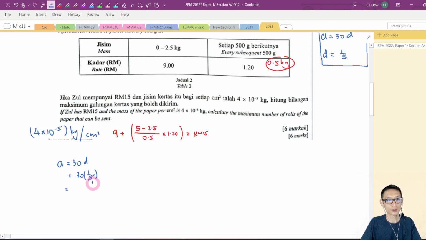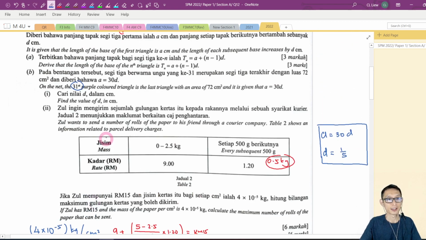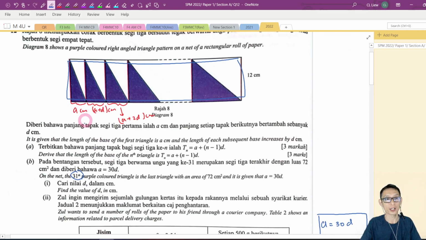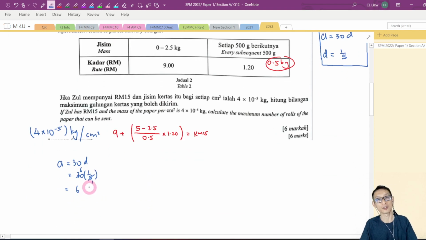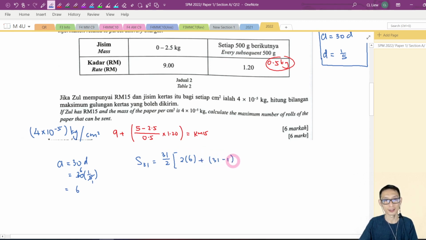Now we know this is actually 6. Okay, the base length for the first triangle is 6 centimeters. Now, S31 is equal to n over 2, 2a plus n minus 1, d, the d is 1 over 5.